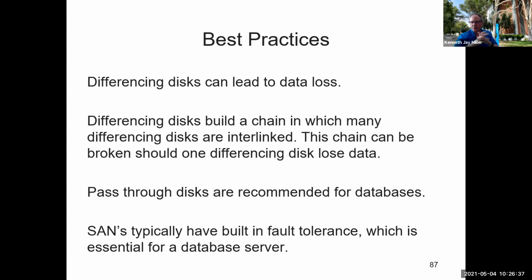That's why I had you set your parent disk to read only, so that nothing can change on the parent. It's only going to change in the VM that's the child. So if anything gets corrupted, it's not going to affect the parent, which would infect all the children. So there's that. And then pass-through disks are recommended for databases. Now, SANs typically have built-in fault tolerance, which is essential for our databases as well. All right.